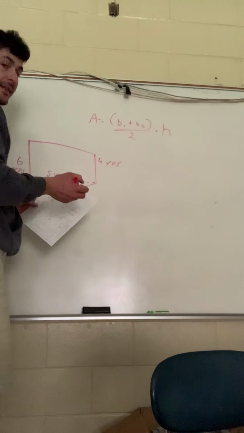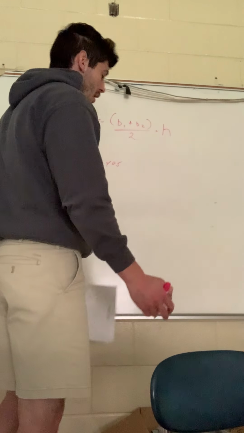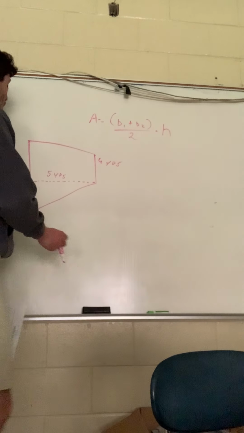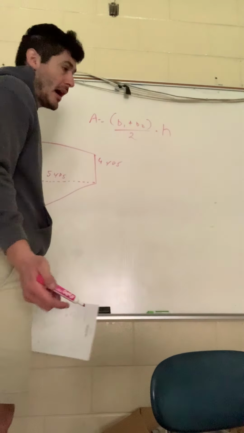So as you can see, this trapezoid is turned on its side, but that really doesn't mean a whole lot for us. We still have a base 1, a base 2, and a height. That's all we care about.